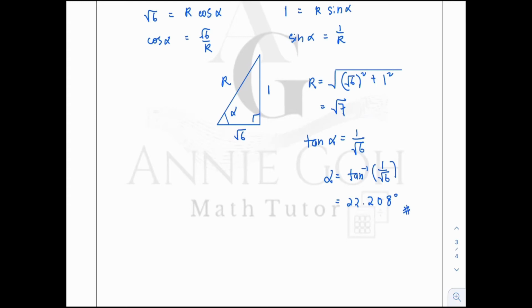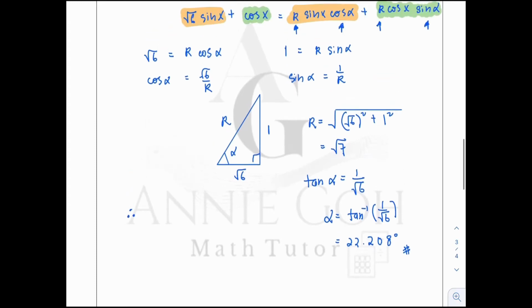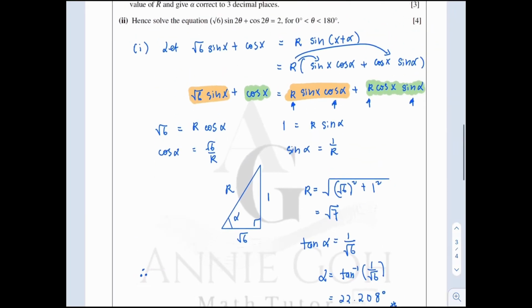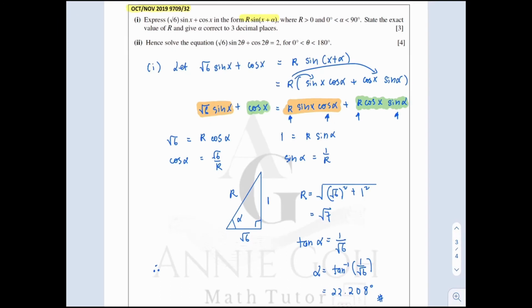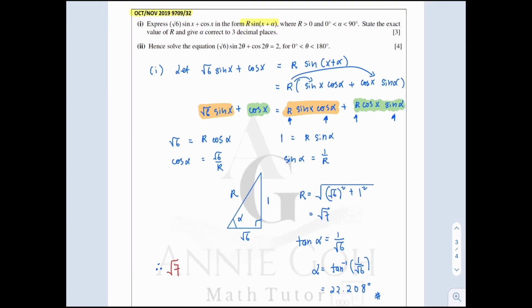That's your alpha's value, and hence we can leave our answer in the form of, remember this form, r sine (x plus alpha), and therefore you can leave your final answer as square root 7 sine (x plus 22.208 degrees). This will be the final answer.